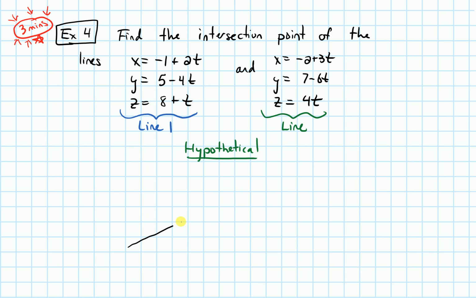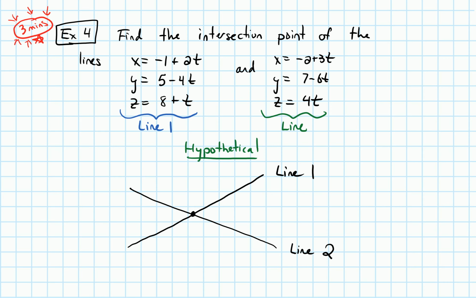So we have some line. I'm going to call this one line 1. And we have this other line, line 2. And there's some intersection point. So this question says that there's some intersection point, and we want to find that intersection point. So with these parametric equation problems, they sort of represent a particle or some object moving along the curve over time.